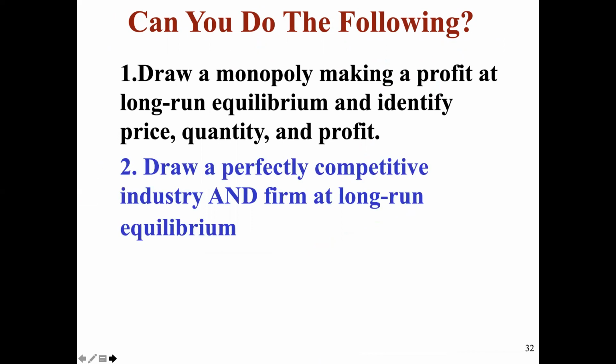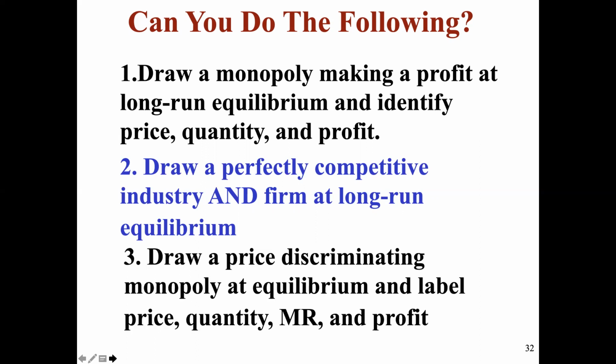And you should also be able to do, from last unit, draw perfectly competitive side-by-side firms and industries in long run equilibrium. And then you should also be able to draw a price discriminating monopoly that's at equilibrium, and then label the quantity, the marginal revenue, the profit, and the price.